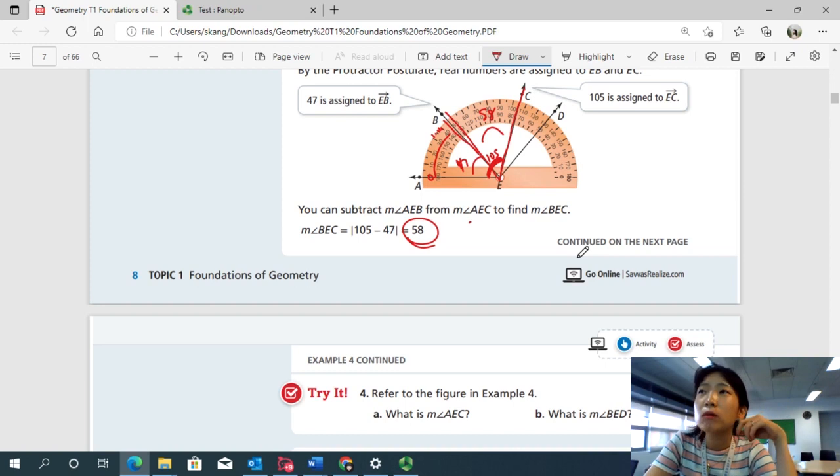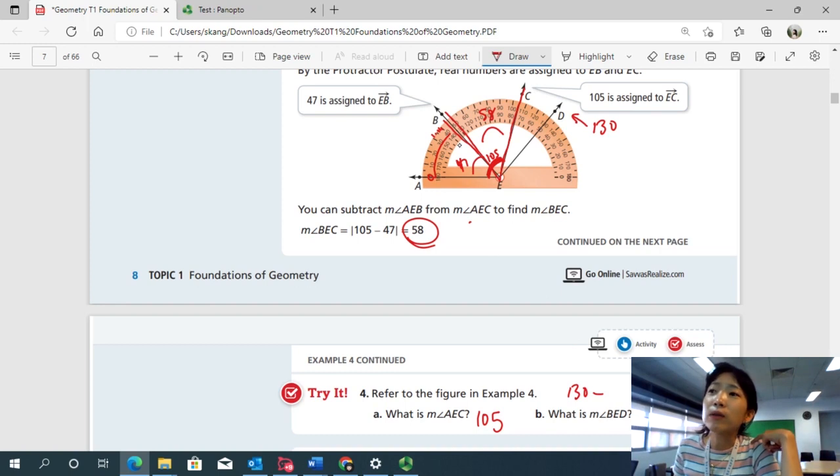Okay, ready? What's AEC? We already talked about it. It should be 105. So yes, 105 is correct. What about BED? If you figure out that AED is about 130, then 130 minus 47 will give you BED, right?